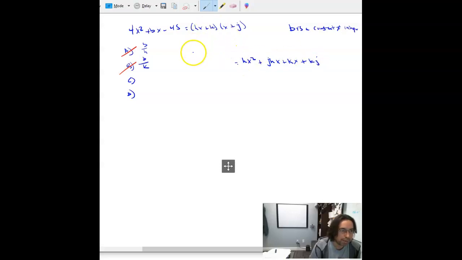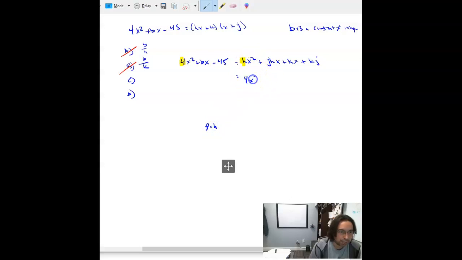And we're pattern matching this to the other side, which we know is 4x squared plus bx minus 45. Well, it's understood here that 4 is equivalent to h, right? So we now know that 4 is equivalent to h. So let's simplify the right-hand side a little bit more.